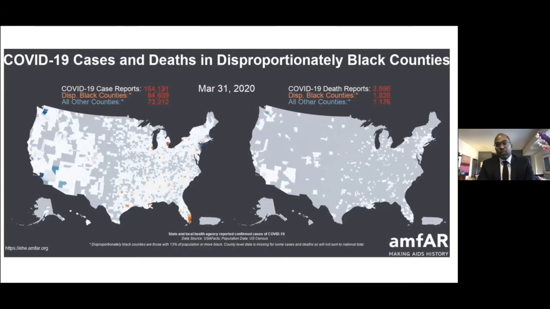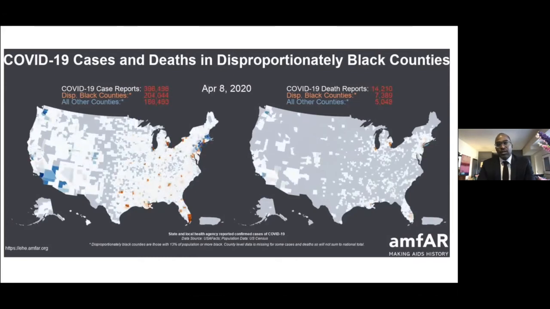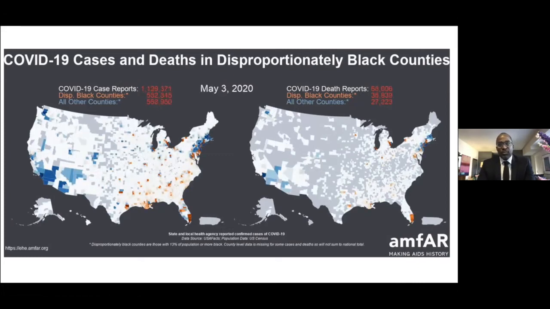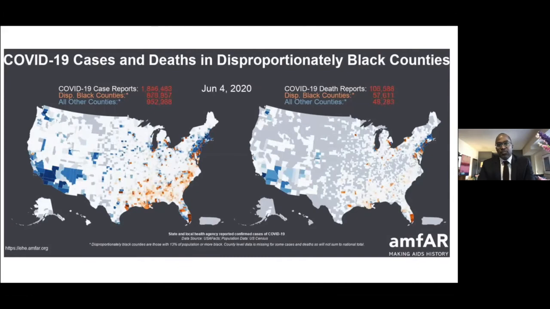And this is something that we have on our website, along with other data looking at the disproportionate impact of COVID-19 in communities of color, where we have a daily tally of what's taking place in each of these counties that are disproportionately minority. Near the end of this visualization, it gives you a summary of where we are in terms of those counties and the proportion of cases and deaths that they represent in the US.